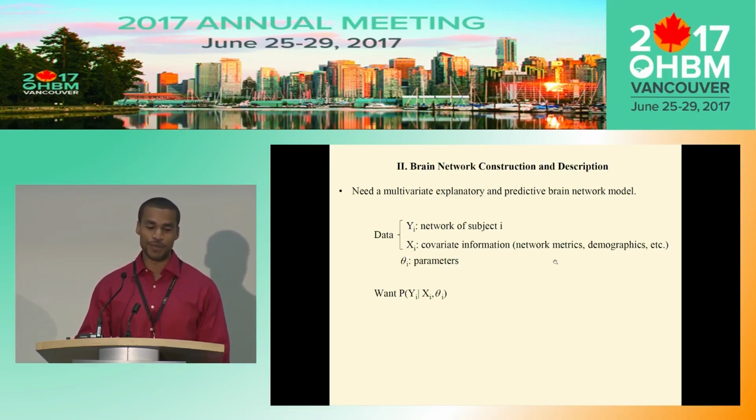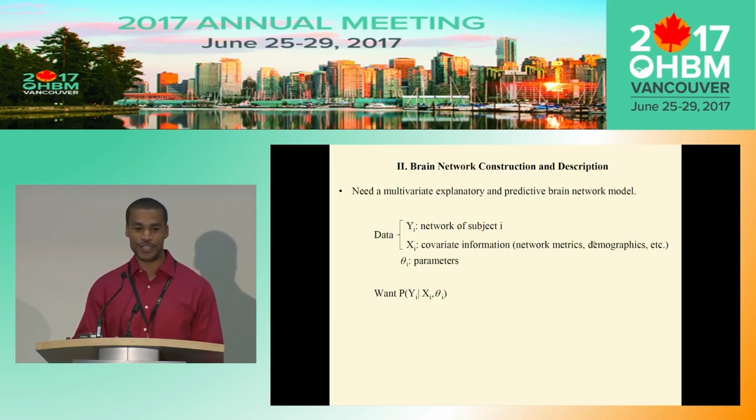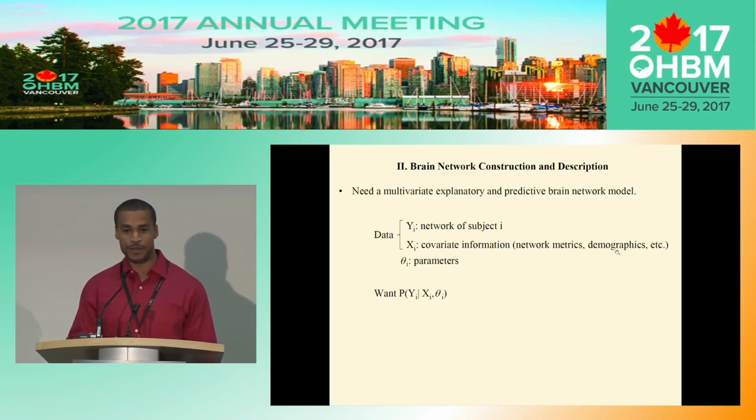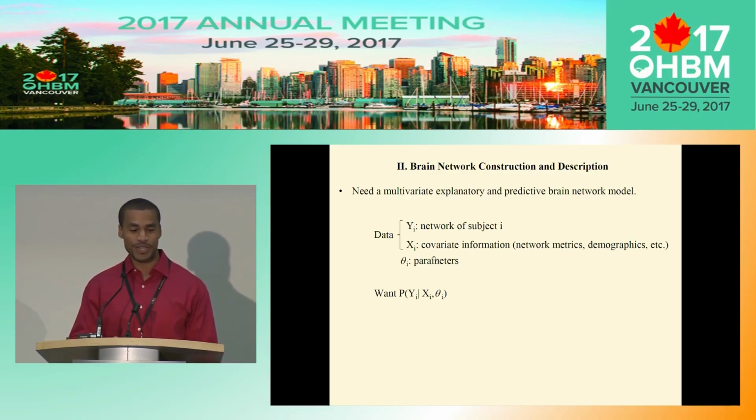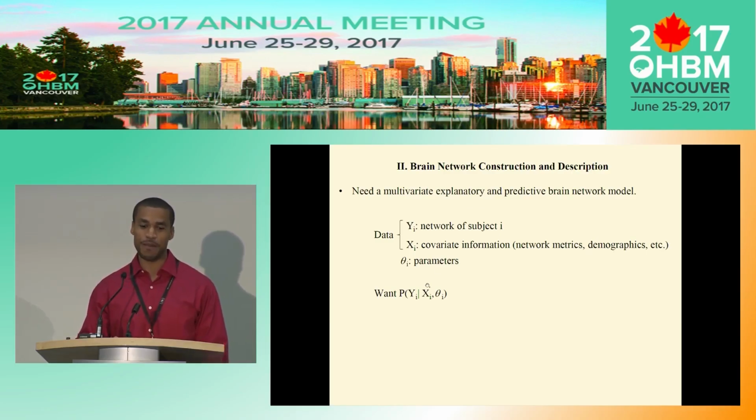You can think of this as both endogenous covariates, things that are inherent to the given network, and exogenous covariates, things that are phenotypic properties of the subjects, like gender, race, health status, etc. We want to be able to relate the network of subject i to their phenotype, basically. So we want to be able to model the probability of a network given these covariates for an individual.